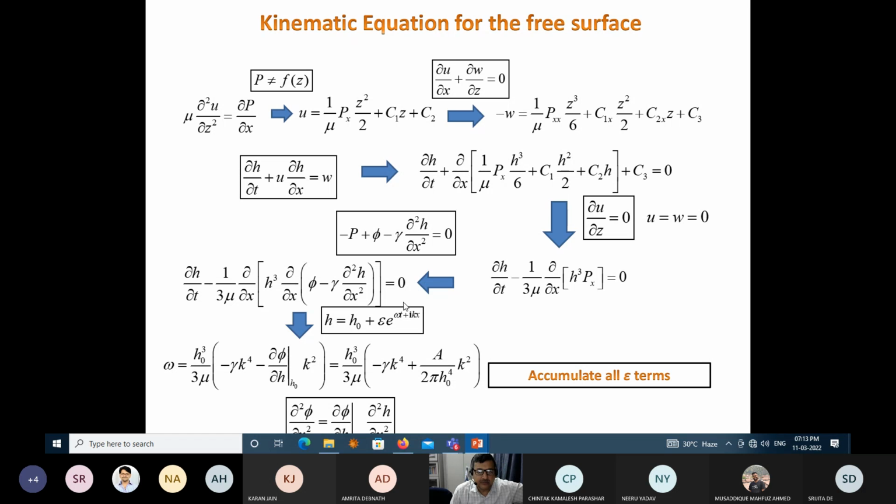Right? So how many equations are there? What type of equation is this first? It's an ODE, PDE, or algebraic equation. What type of equation is this? The PDE. Right? What is the independent variable? What is the dependent variable?